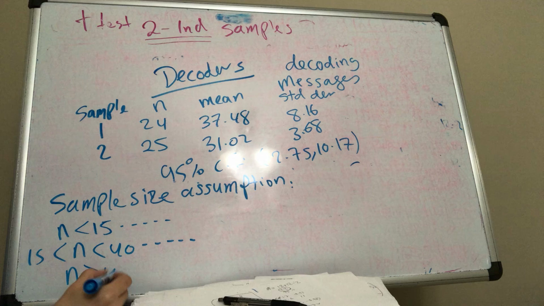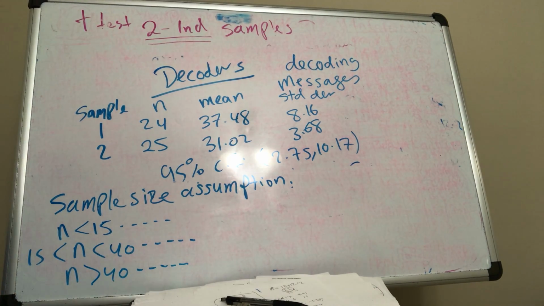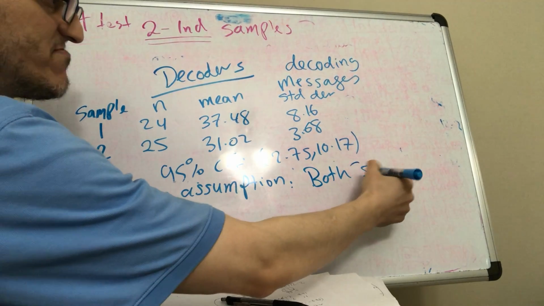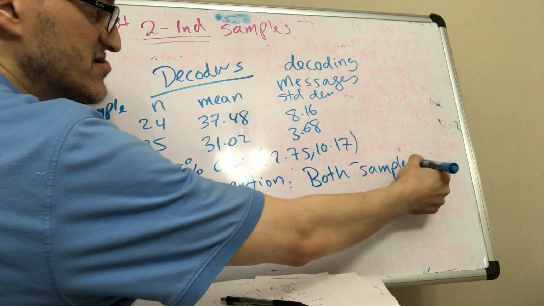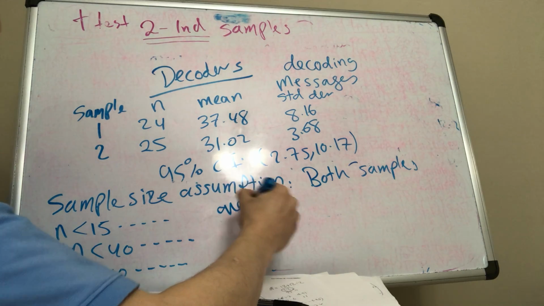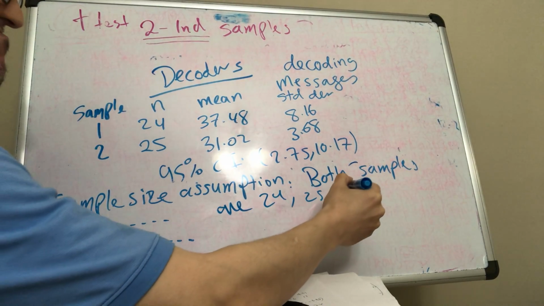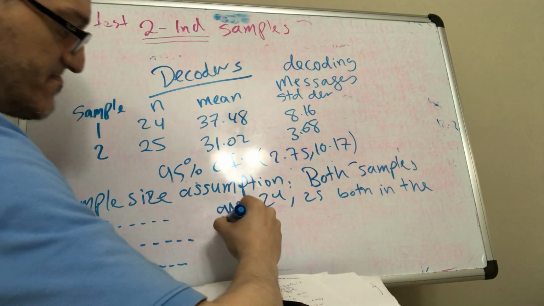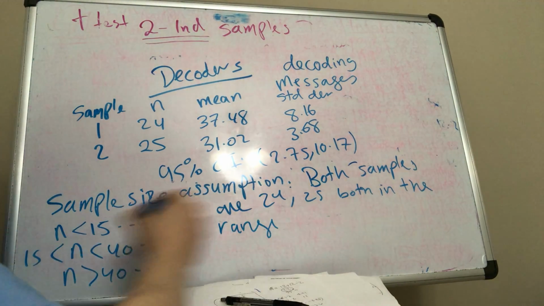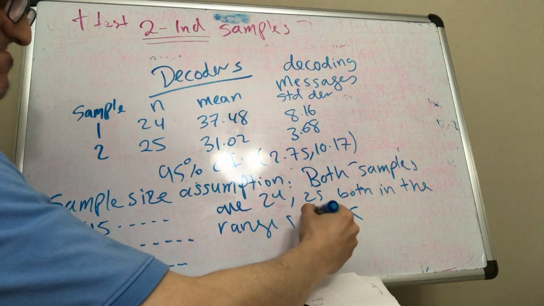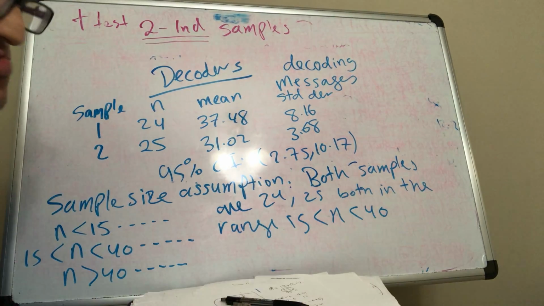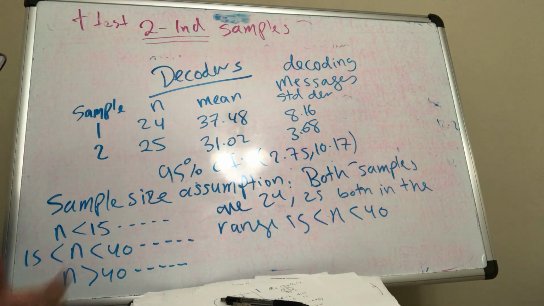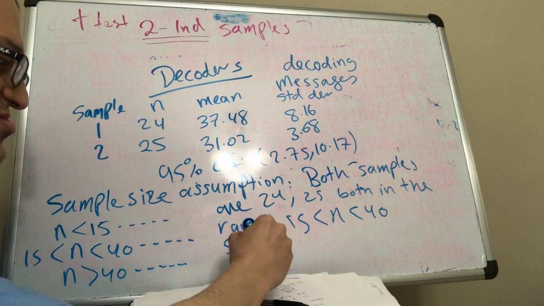And if n is more than 40, you have to mention something. So for example, here, the samples in the question are 24 and 25, both in the range 15 to 40. If you're in this second range, some skewing is okay.